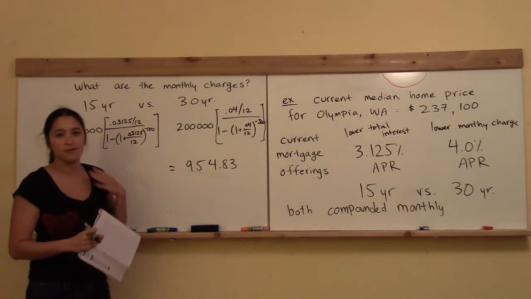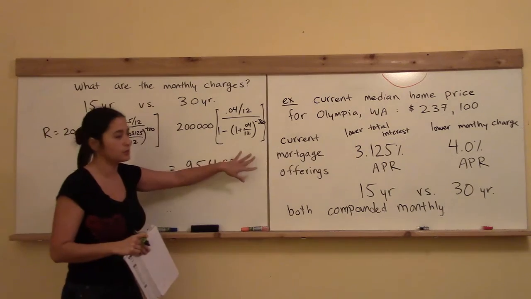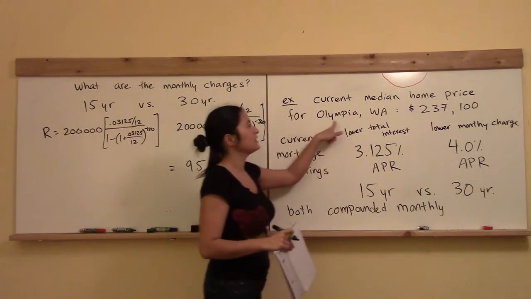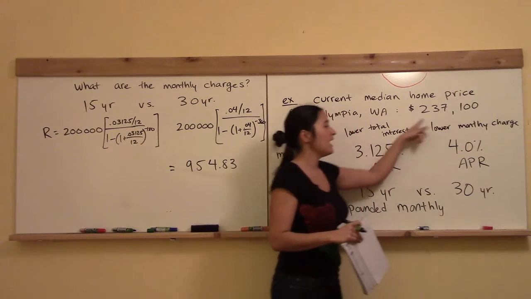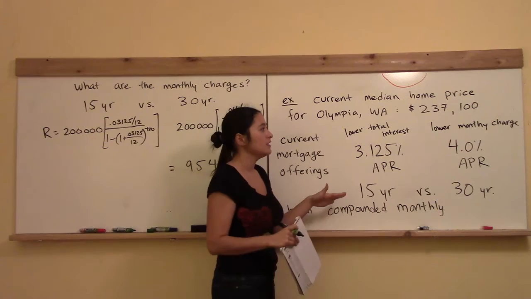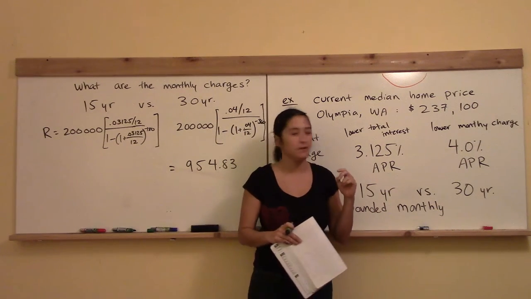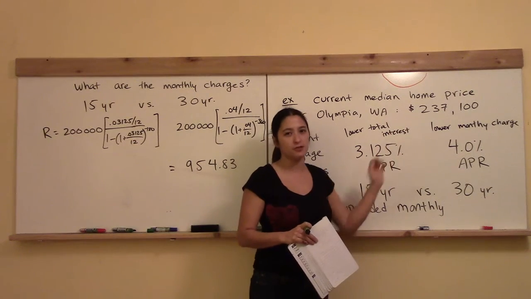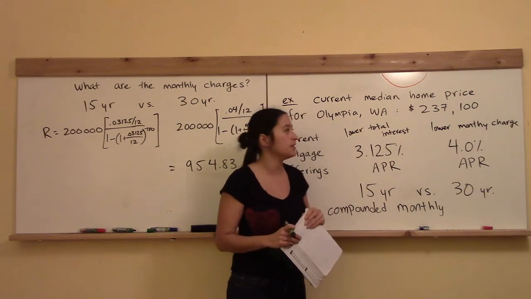Actually, one thing that I forgot to mention, I'm sorry I didn't put this earlier. You guys probably had a hard time answering this without that. Because the median home price was this, I just said I wanted to borrow $200,000 just to make it even. Keep in mind that every house you purchase usually has to come with a down payment too.